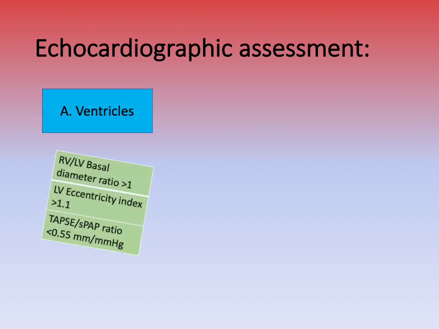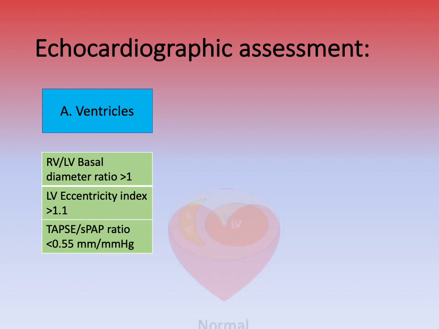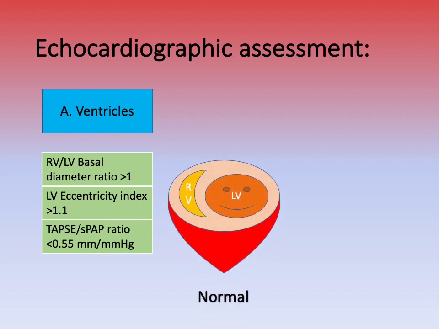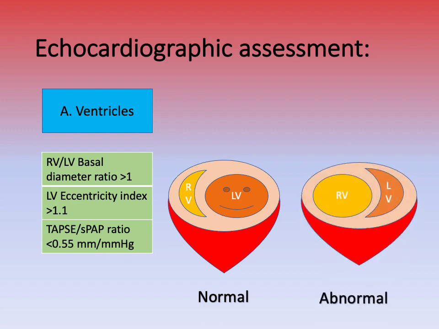In ventricle there are three variables. You can see a normal heart with normal LV and RV and a dilated RV compared to LV in pulmonary hypertension. Dilated RV results in RV to LV basal diameter ratio of more than 1.